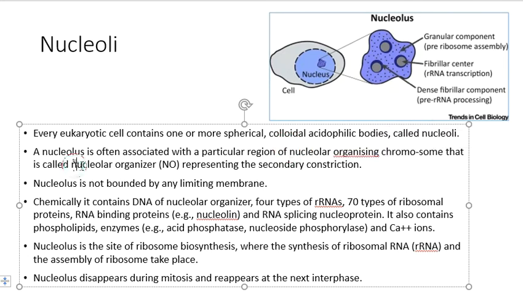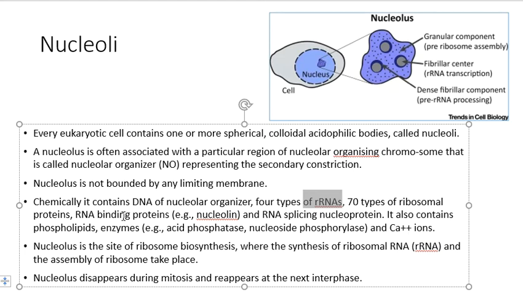It is also called the nuclear organizer, representing the secondary constriction. The nucleolus is not bounded by any limiting membrane like the nucleus. Chemically it contains DNA of the nuclear organizer, 4 types of rRNAs, 70 types of ribosomal proteins, RNA binding proteins, RNA splicing nucleoproteins, and certain inorganic ions and biomolecules like phospholipids, enzymes, and calcium ions.